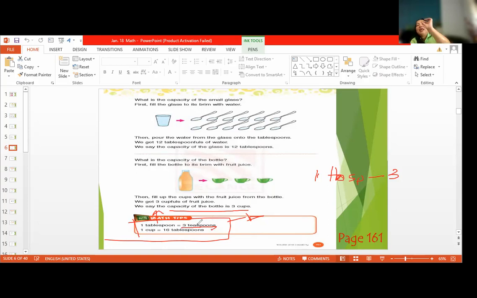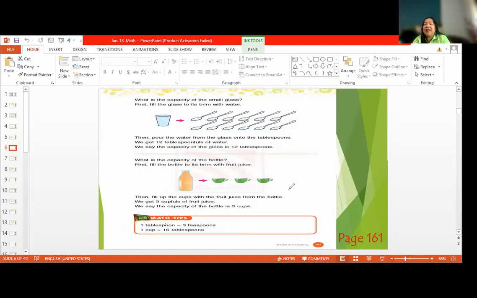Teaspoon means the small spoon for coffee or for tea. You got it, class? What is teaspoon and what is tablespoon? So remember that one. 1 tablespoon is equivalent to 3 teaspoons.